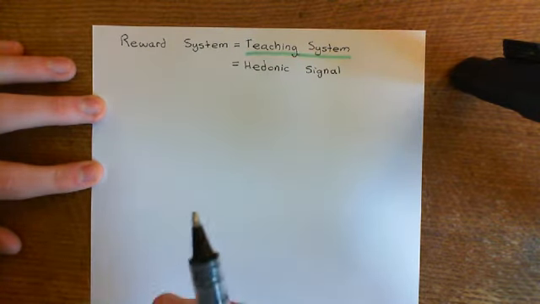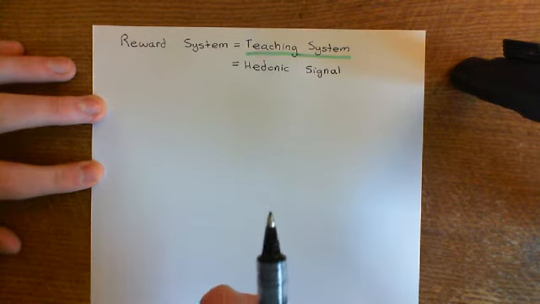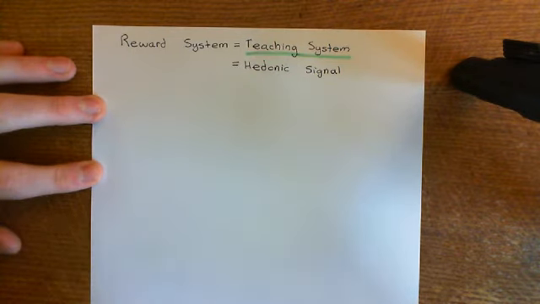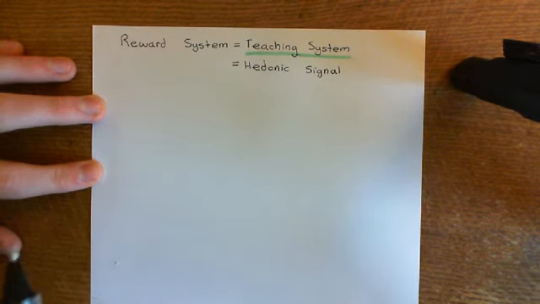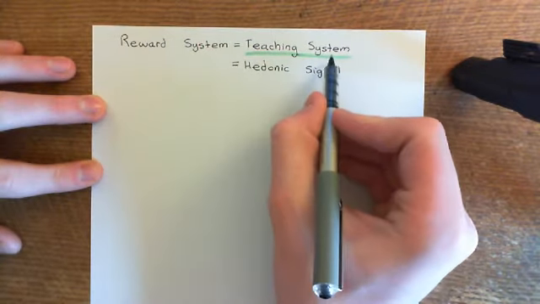The idea is that you can activate the ventral tegmental area, and then you will get an increased amount of dopamine being released into the nucleus accumbens and also into the medial prefrontal cortex. An increase in dopaminergic transmission in these two areas is going to give a teaching signal.